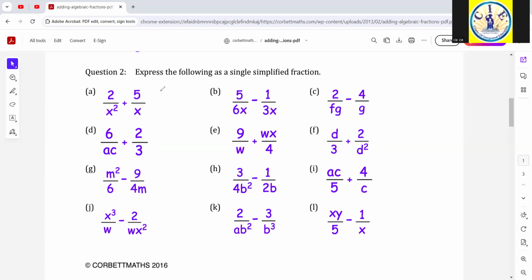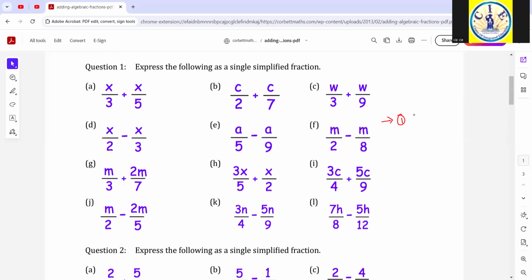Like in the last question, we discussed three cases. Number one was when the two numbers were totally different, as you could see in part A, 3 and 5 had only one common factor between them. The second case was multiples of each other.